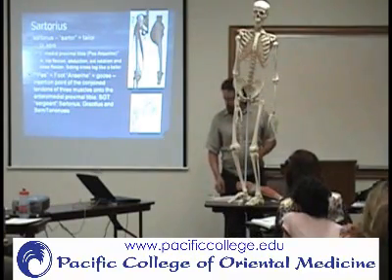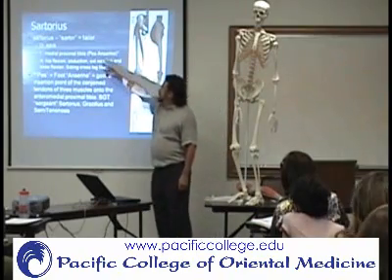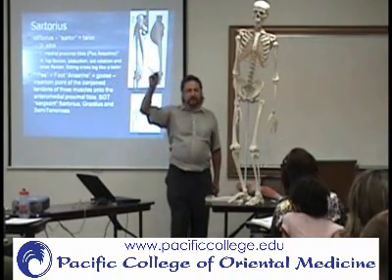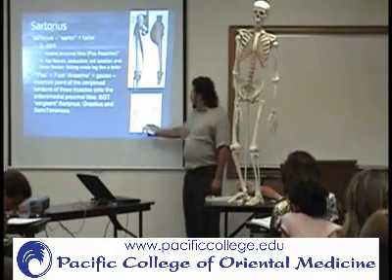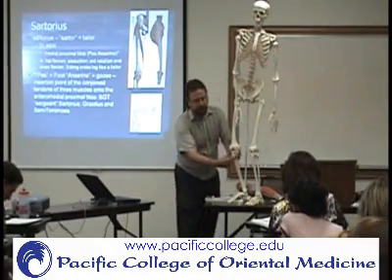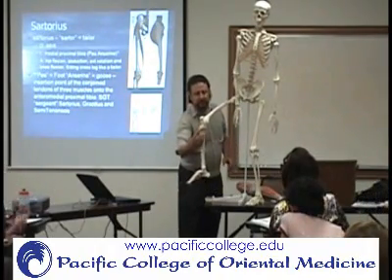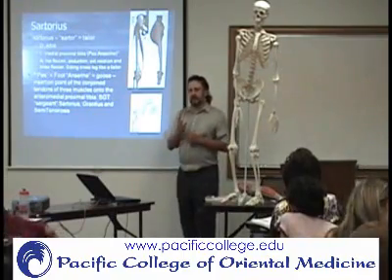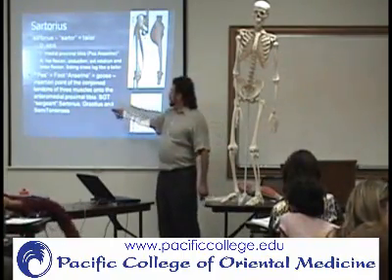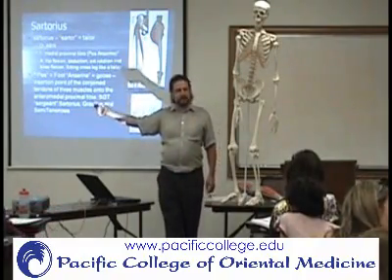And then the insertion is a specific area called the pes anserine, which means goose foot. Okay, and it's going to be right on this part here, the proximal medial tibia. There are 3 muscles that insert onto that, and we're using the mnemonic SGT, the abbreviation for sergeant.